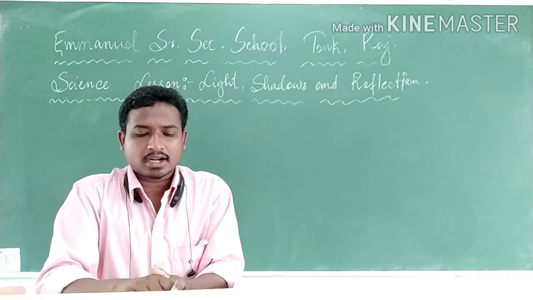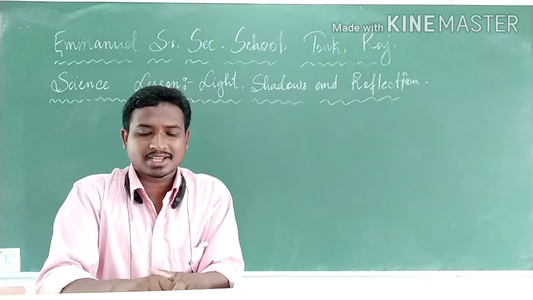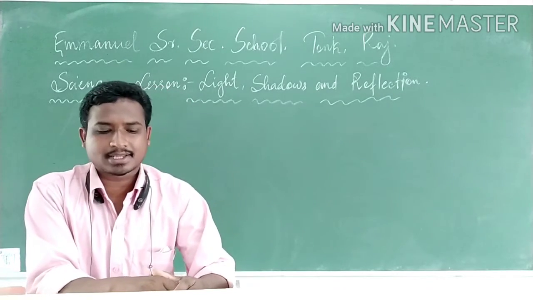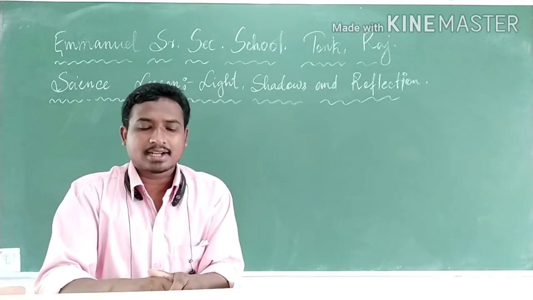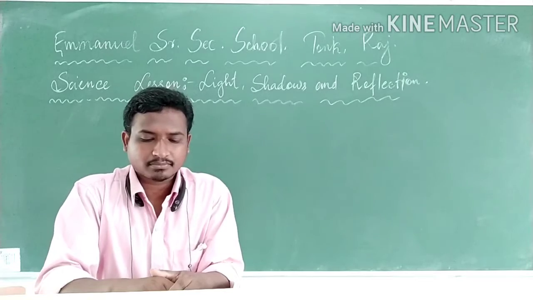Non-luminous objects are those which cannot emit light of their own, such as moon, chair, painting, shoe, etc.